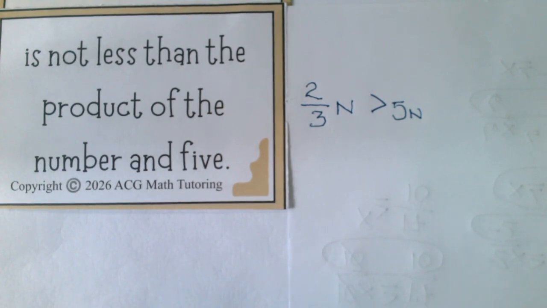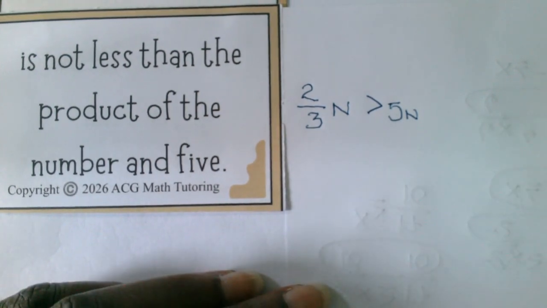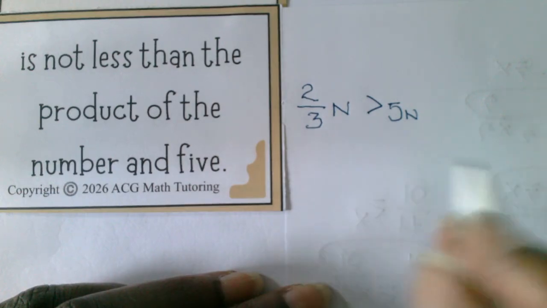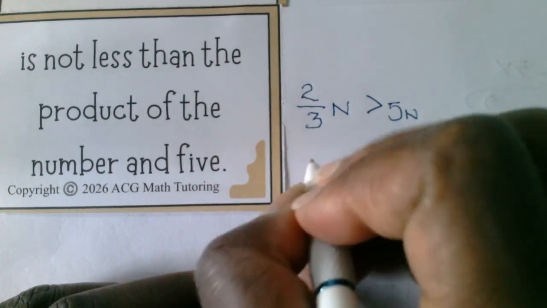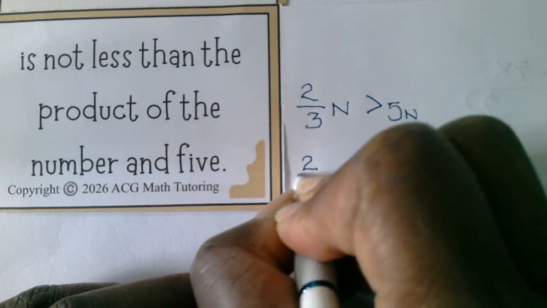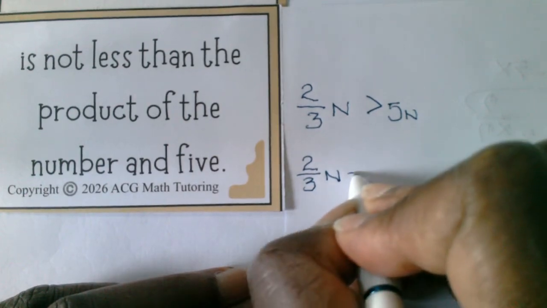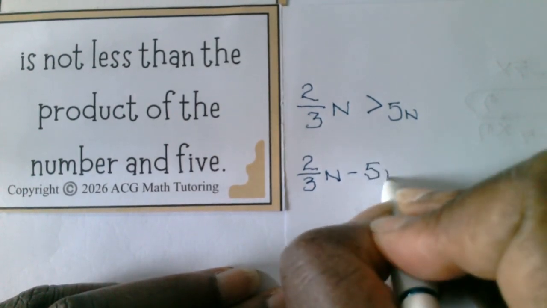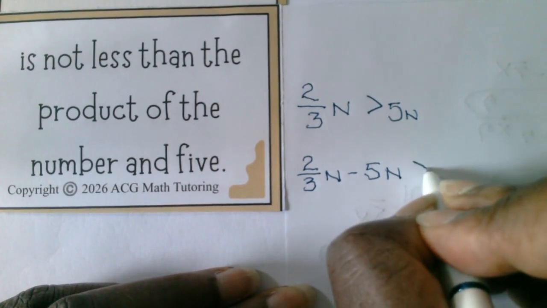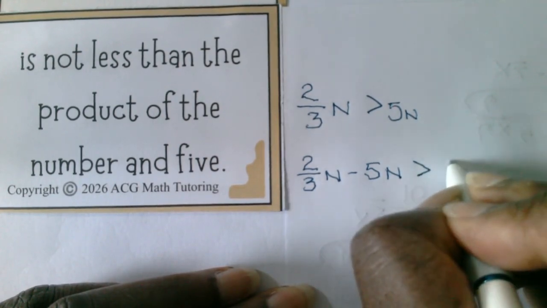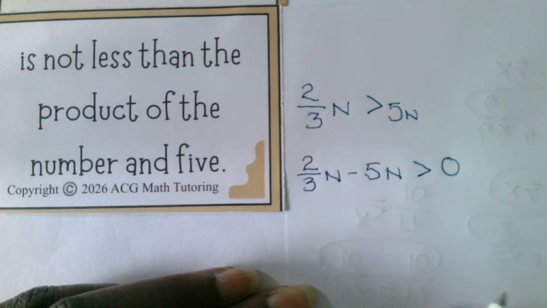So when we do this, we want to get our n's to one side. So you have 2/3 n, then you minus your 5n, keeping your greater than sign, and it's going to equal 0.